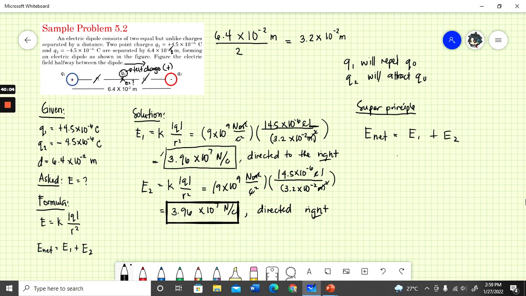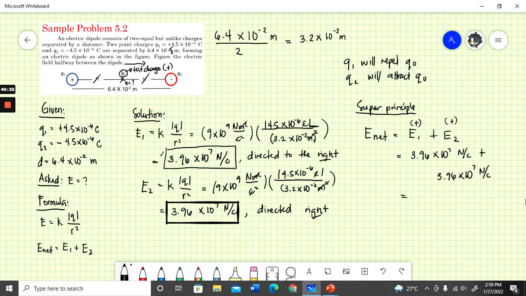So the total magnitude of the electric field would be equal to 3.96 times 10 raised to 7 newtons per coulomb plus 3.96 times 10 raised to 7 newtons per coulomb. And we're adding them because they're both directed to the right. So the direction of E1 is positive and the direction of E2 is also positive. But this sign right here is totally up to you.